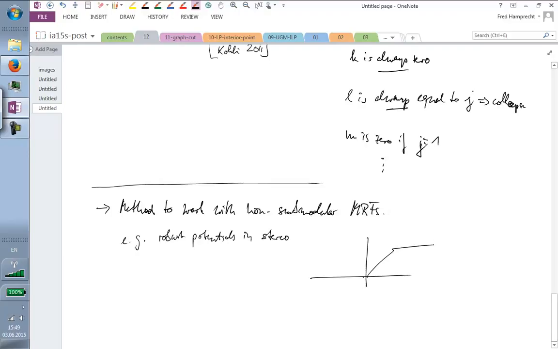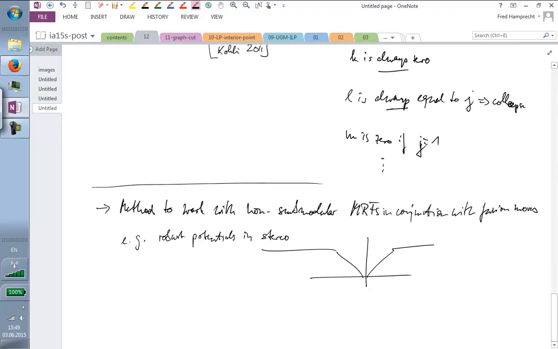Let's say this type of potential here, for example, which is not submodular. So this can be used in conjunction with the method that we saw before the break, namely with fusion moves.